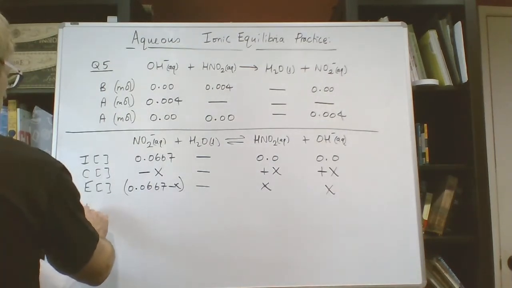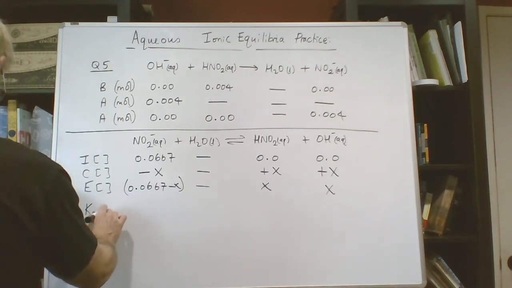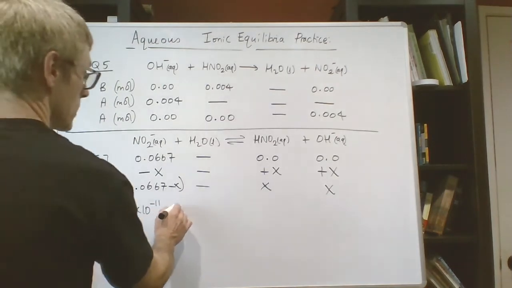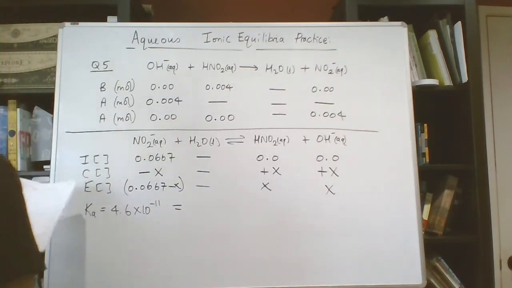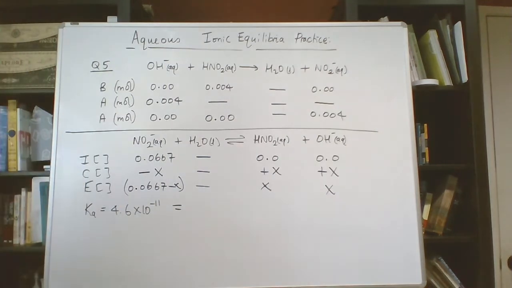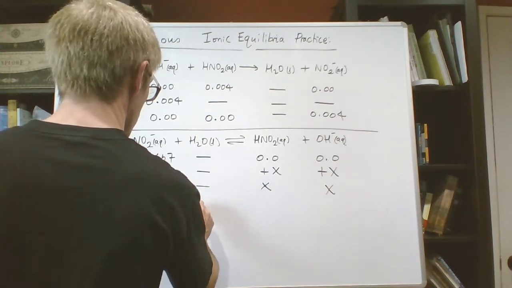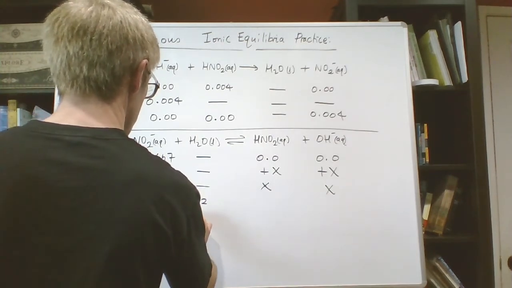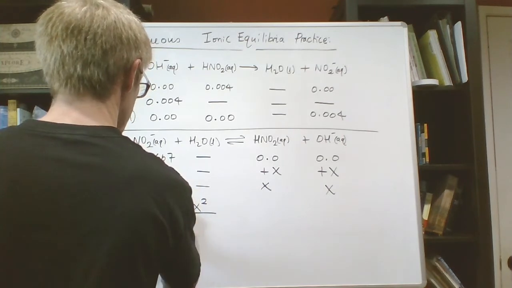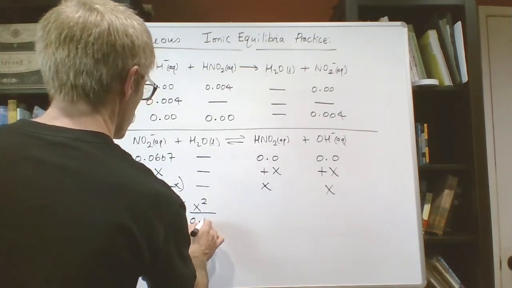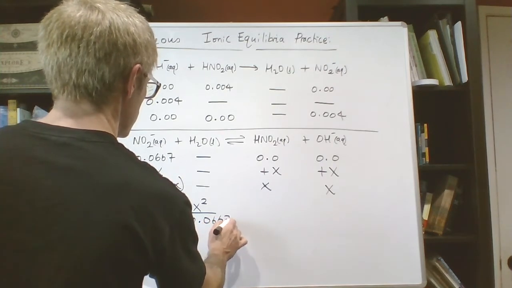I'm given the Ka value. The Ka is 4.6 by 10 to the negative 11, which is clearly less than 10 to the negative 4, so I can use the assumption. So this is approximately equal to x squared over 0.0667.